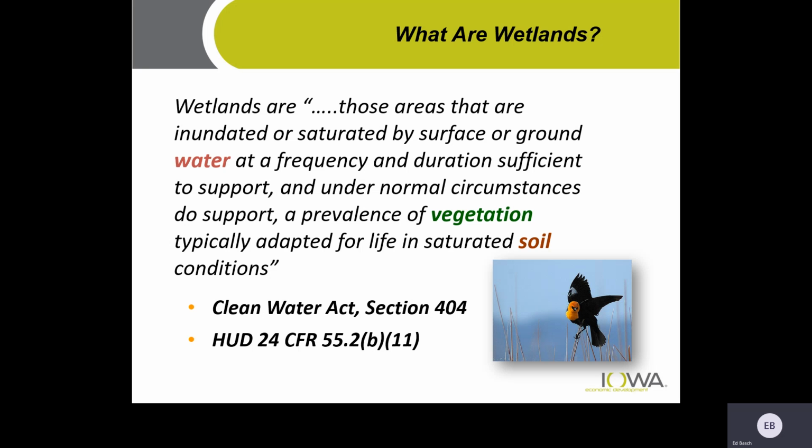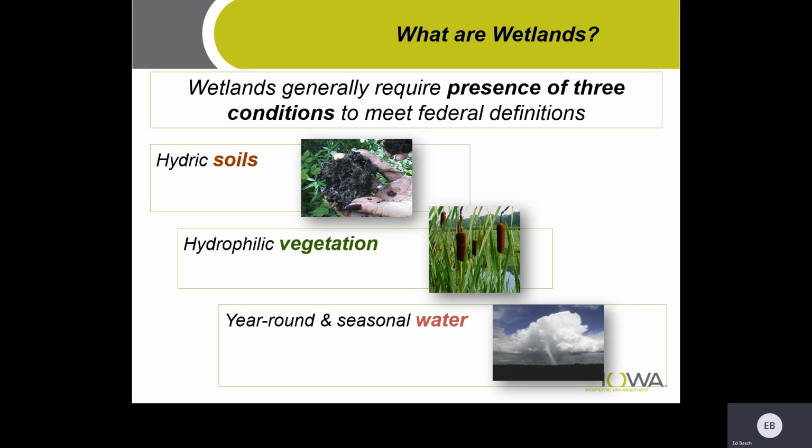So every little pond you see or every little low spot is not necessarily wetland. There are criteria that have to be met. Wetlands generally require presence of 3 conditions: hydric soils, hydrophilic vegetation, and year-round and seasonal water.